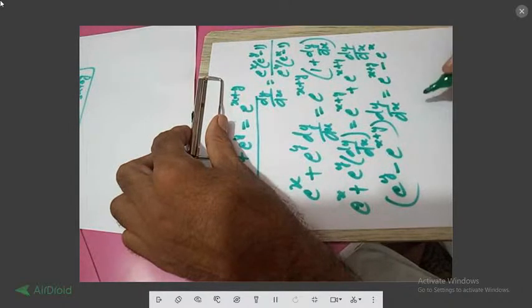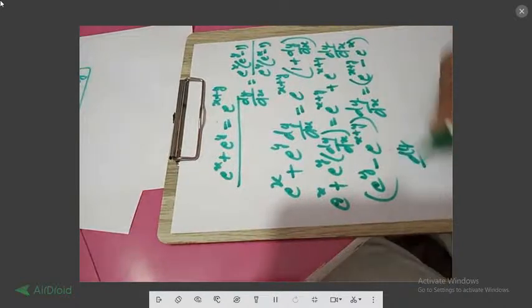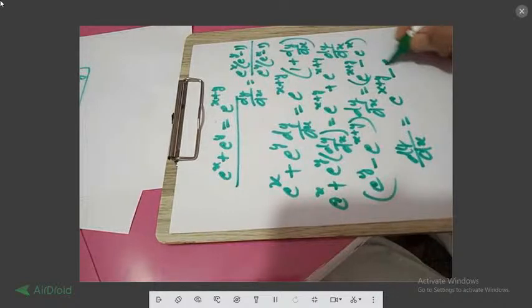Now I told you this. Suppose x square, take the common dy by dx is equal to dy by dx minus 4y is equal to e to the power x plus y minus ex. An important question that prove that is equal to 3xy.